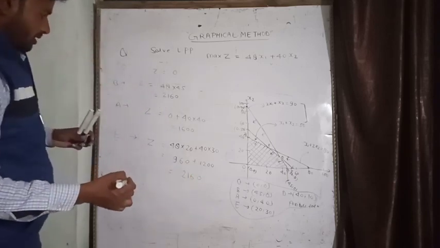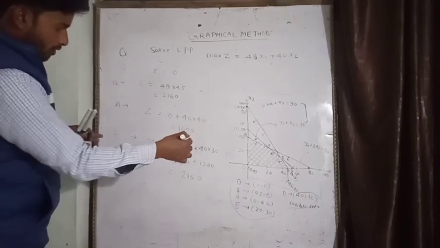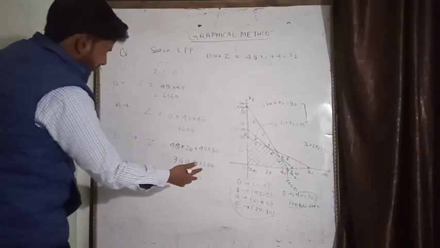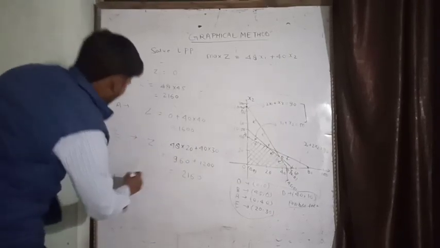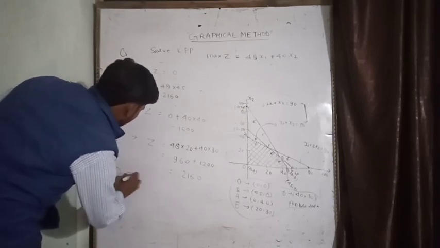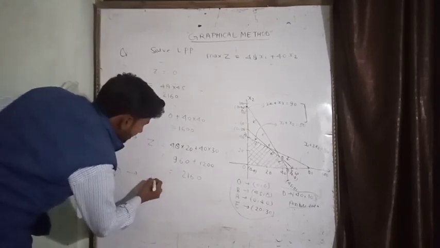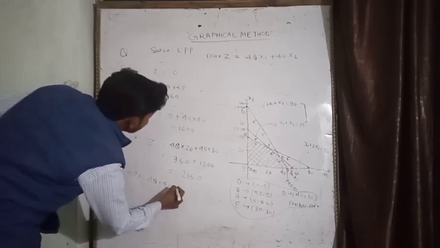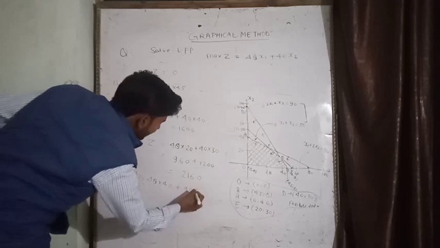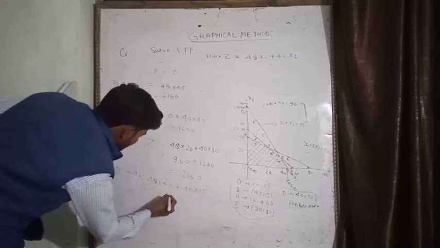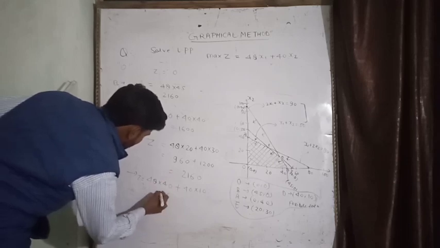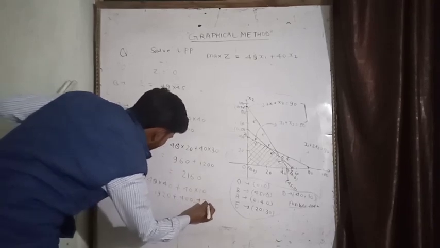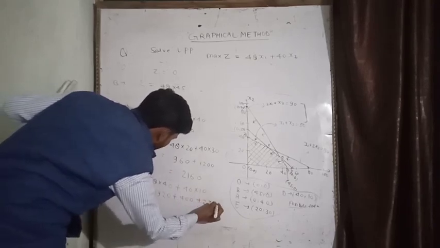This is also 2160. Now if we take the value for 40 comma 10, for point D, Z is equal to 48 into 40 plus 40 into 10, that is 1920 plus 400, which becomes 2320.